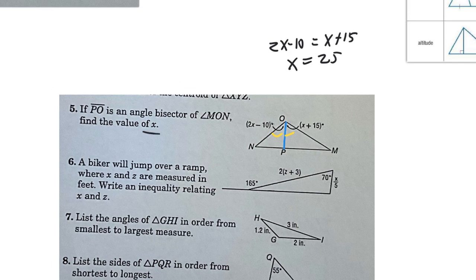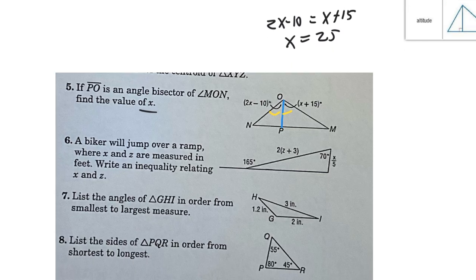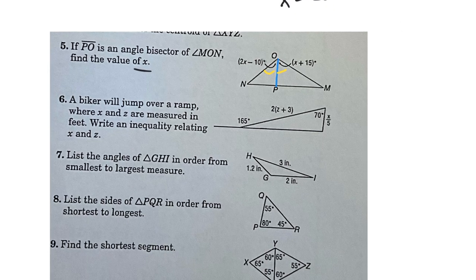And they are asking for x. So, oh, exterior angle theorem, maybe? Biker will jump over a ramp where x and z are measured in feet. Write an inequality relating x and z.